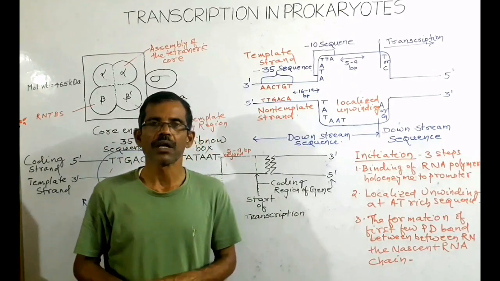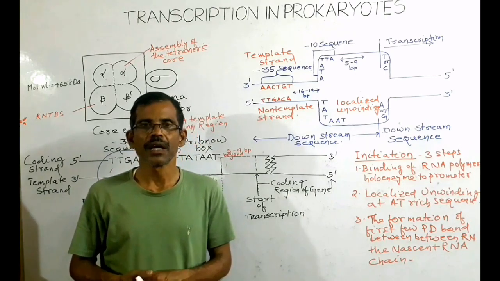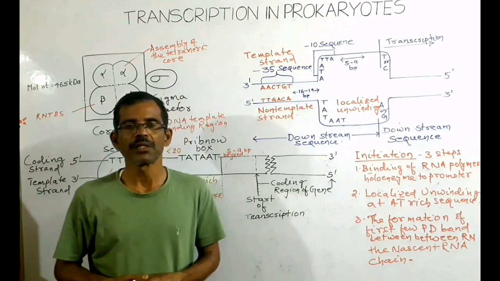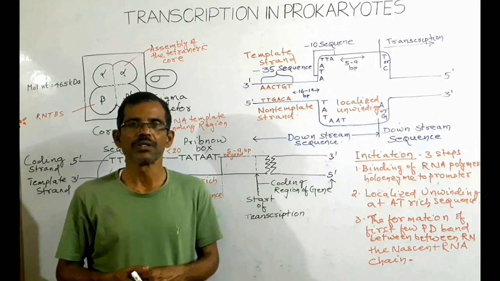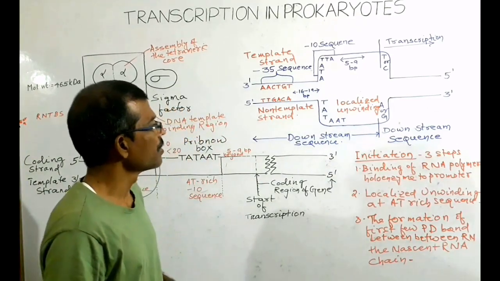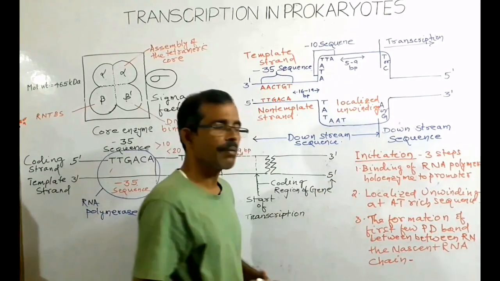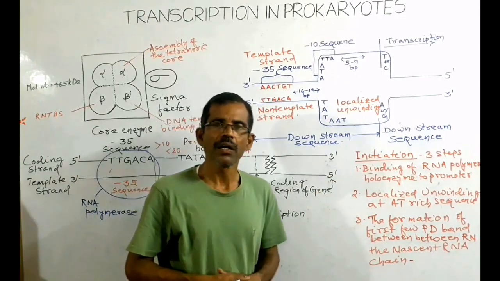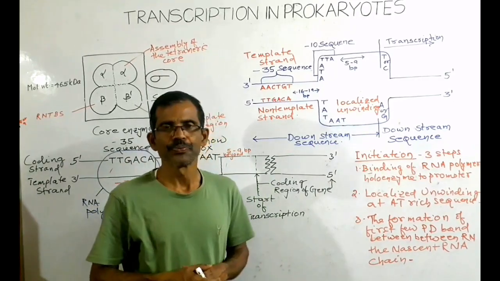The process of transcription involves 3 stages: initiation, elongation and termination. First of all, we shall discuss initiation. The initiation of transcription involves 3 steps. First step is the binding of RNA polymerase holoenzyme to the promoter.